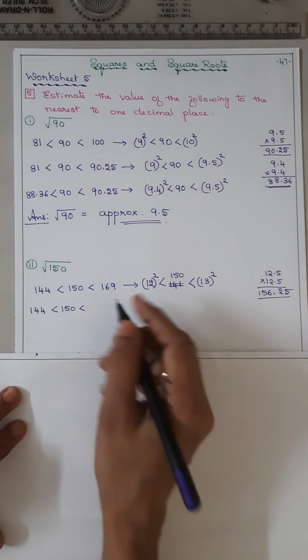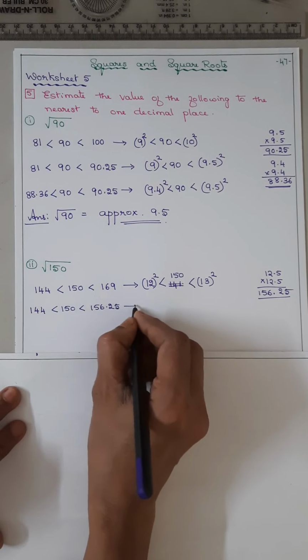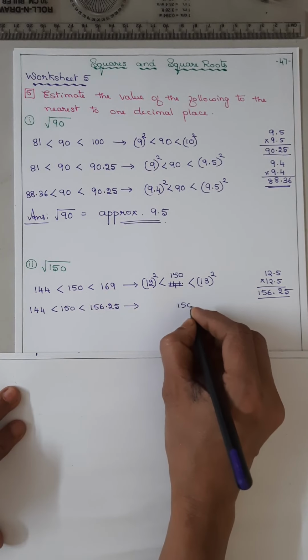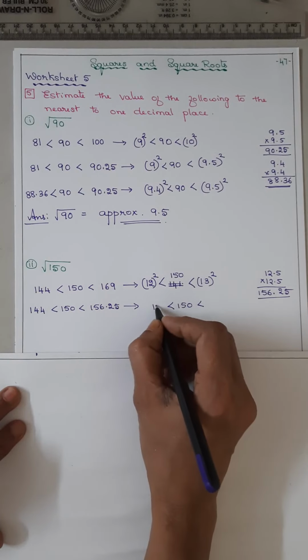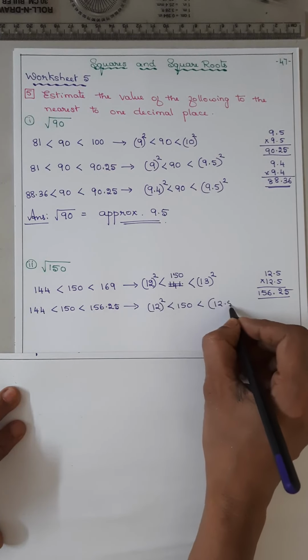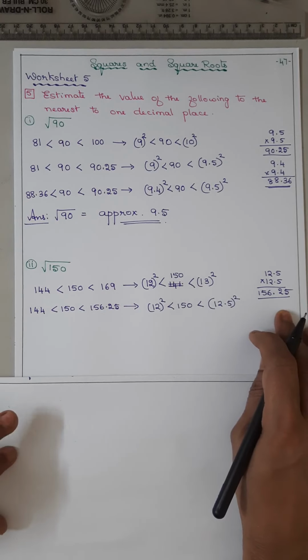144 and 156.25. That means 150 is between which two squares? 12 square and 12.5 square. Clear?